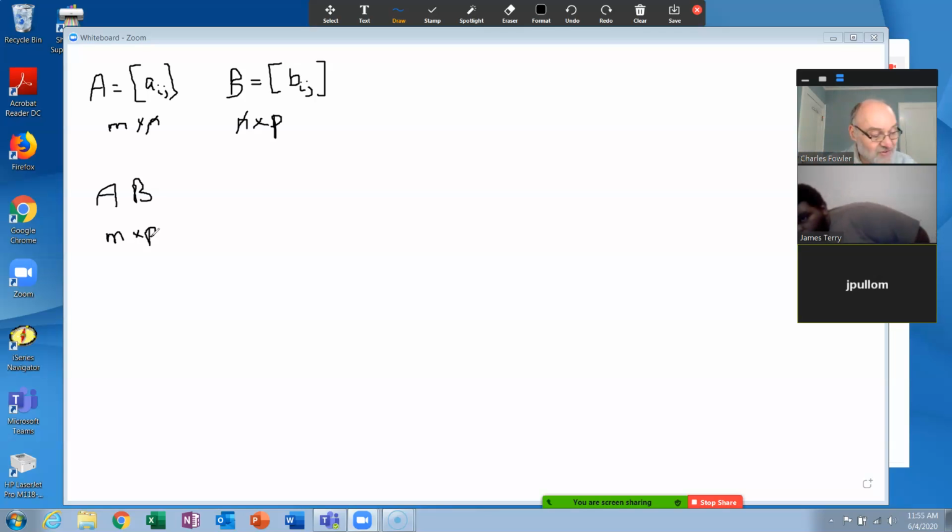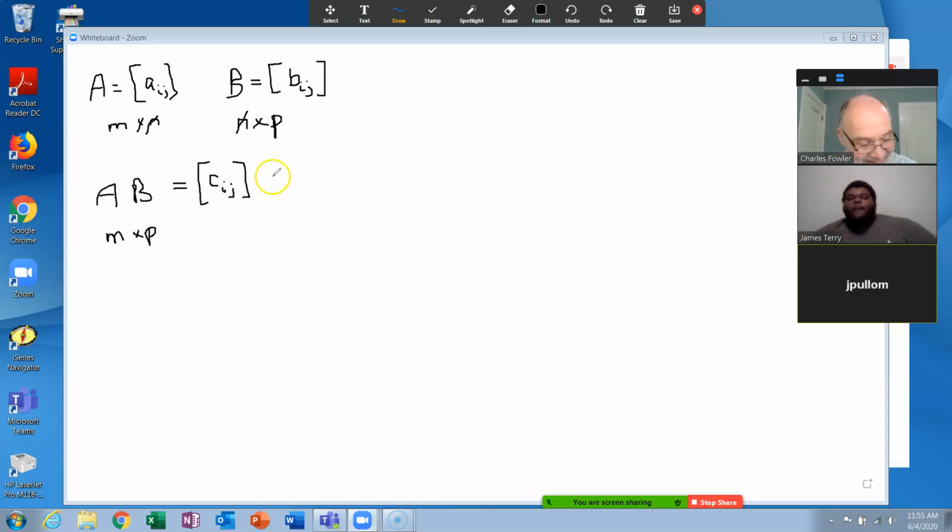Now that's the size of the result. And that matrix, it's like they're calling it matrix C, but they're not giving it that capital letter name. They're just saying its entry is Cij. And in this case, this is the really hairy way to write it.